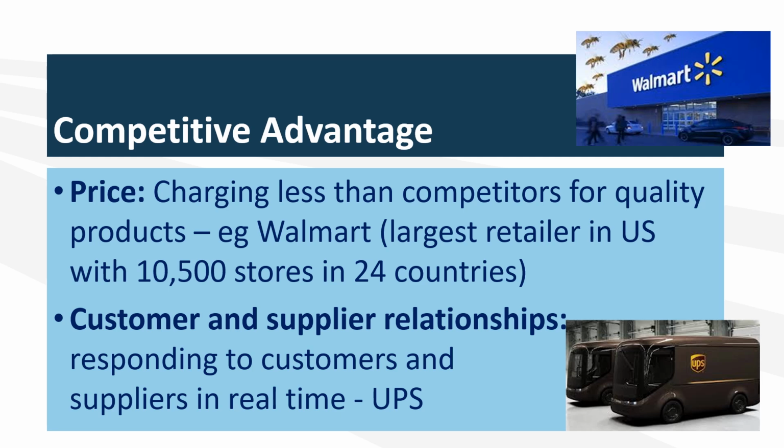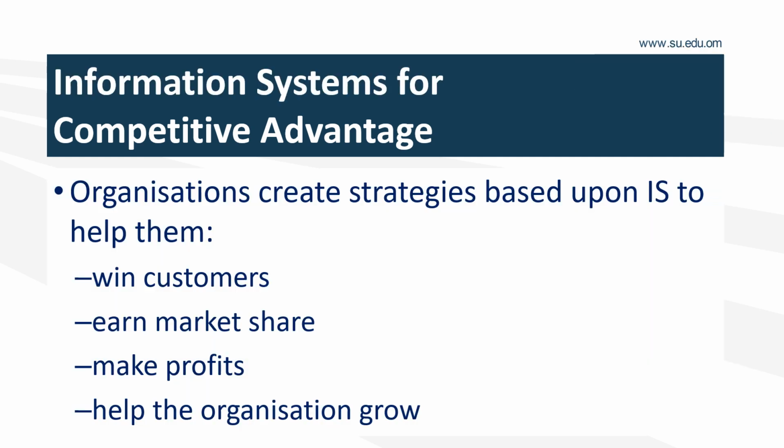They can serve the customers and suppliers in a much faster time, and also they can respond to the customers and suppliers in real time. So this is about a good relationship with the customers and suppliers.